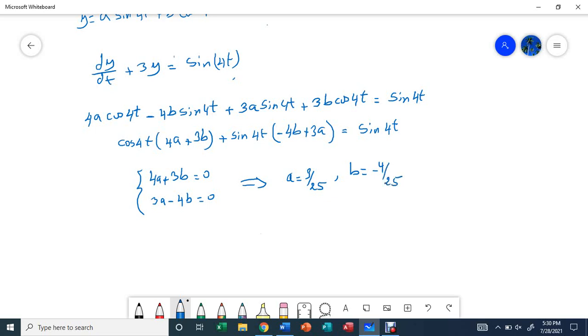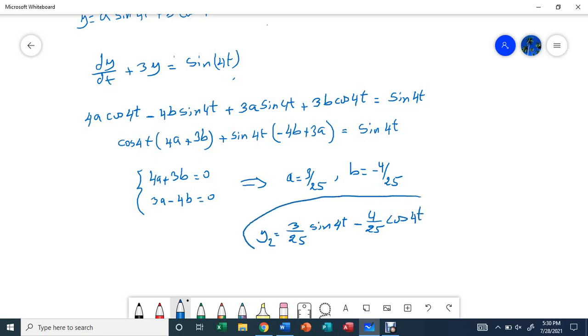So now my y2 equals 3/25 sine of 4t minus 4/25 cosine of 4t.